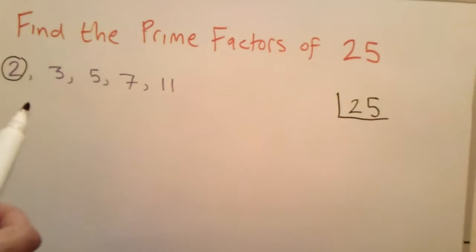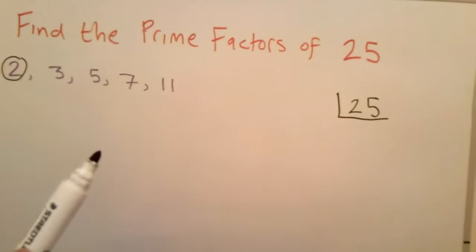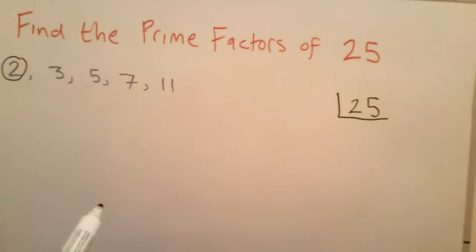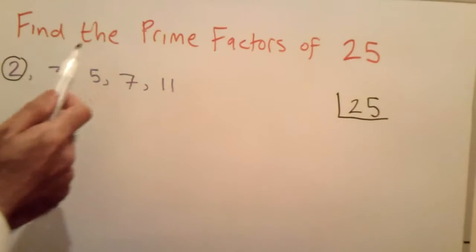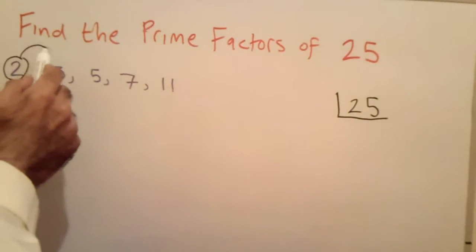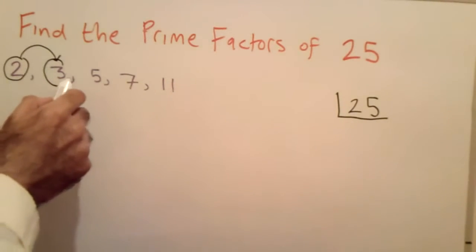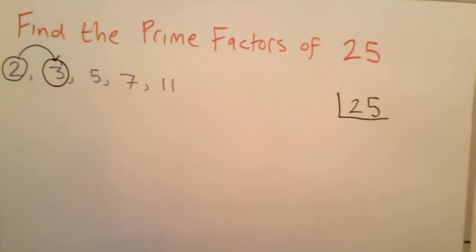Does 25 divide into 2 to give us a whole number? No, it doesn't. So we move on to the next one, which is 3. Does 25 divide into 3 to give us a whole number? No, it doesn't.